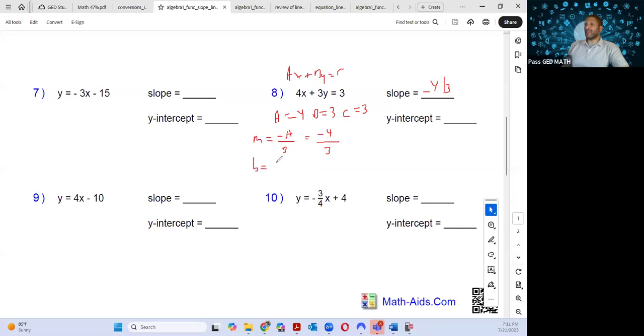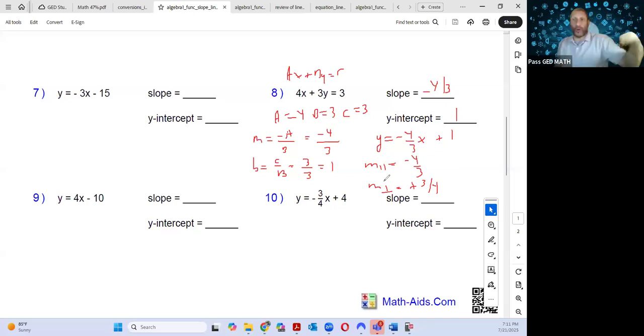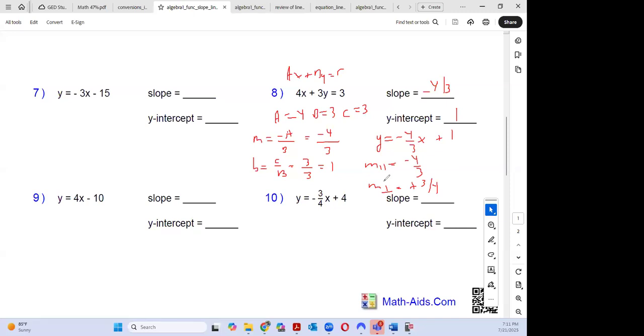The y-intercept is C over B. My C is 3, my B is 3, 3 over 3 reduces to 1. My equation of the line is y equals -4/3 x plus 1. The slope of any parallel line is -4/3. The slope of any perpendicular line is +3/4. It didn't ask for all this other information, but I did it just to reinforce the concepts.